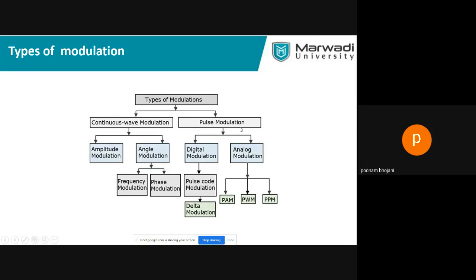In pulse modulation, two types of modulations are there: digital modulation and analog modulation. In digital modulation, we have already seen two techniques, PCM and DM, pulse code modulation and delta modulation. And in analog pulse modulation, we have PAM, pulse amplitude modulation, pulse width modulation, and pulse position modulation.